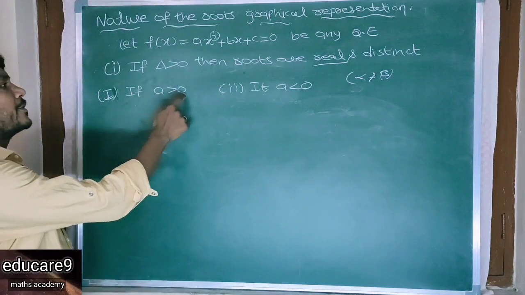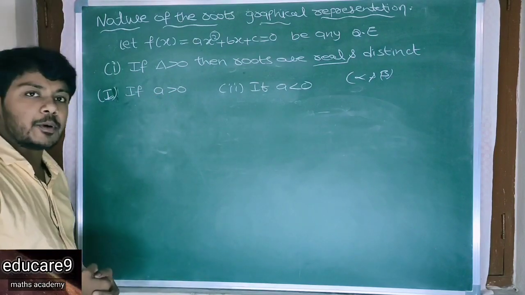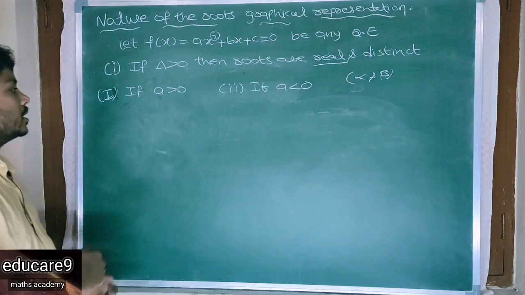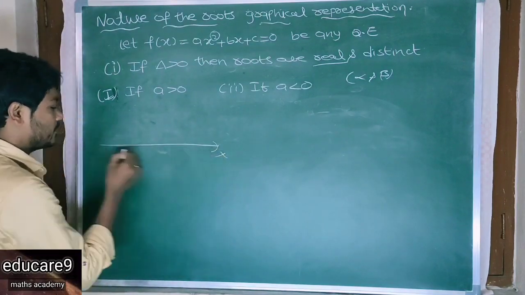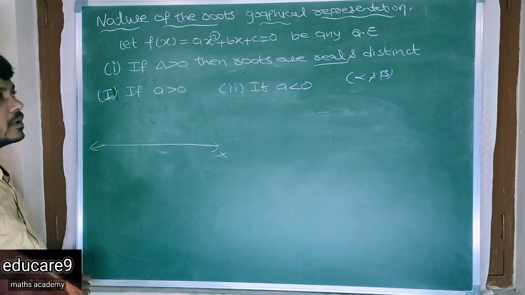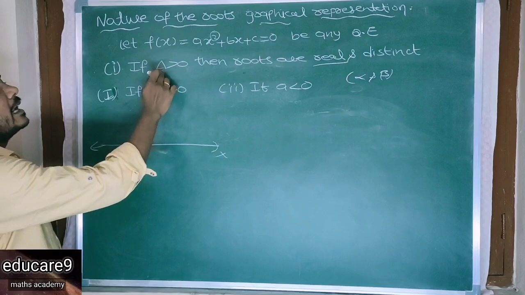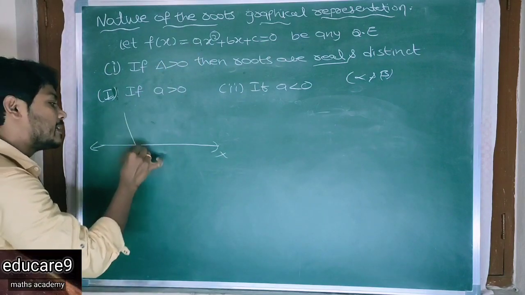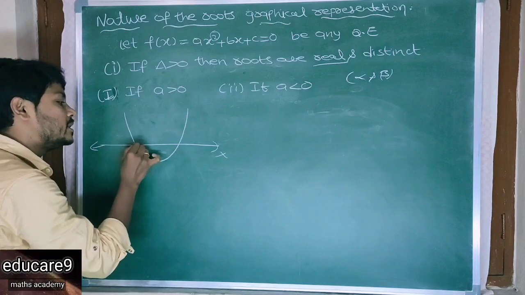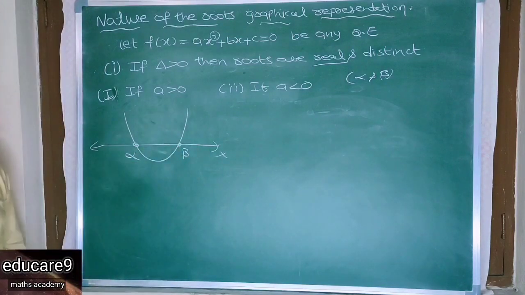See here, the coefficient of x² is positive, so clearly the given graph represents an upwards parabola. So this is the x-axis. With the parabola upwards and delta greater than 0, the given graph touches the x-axis at two distinct points, say alpha and beta.